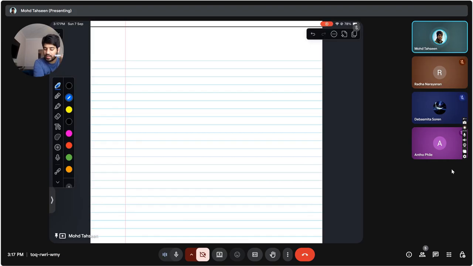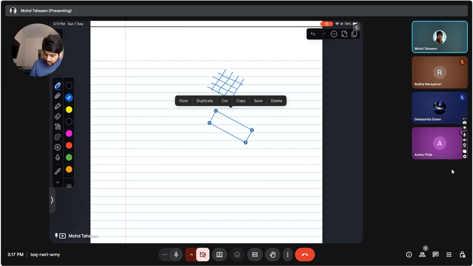Now what if we had, let's say, one grain in this direction, and its unit cell is something like this, where the longer side is in this direction and the shorter side is in this direction.